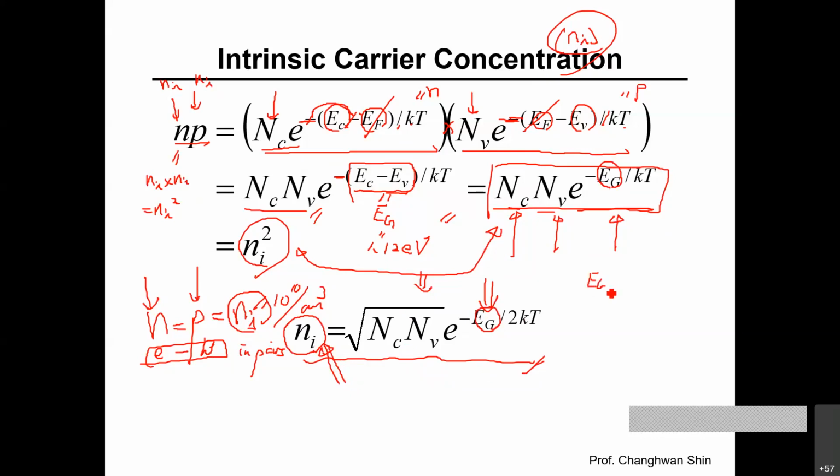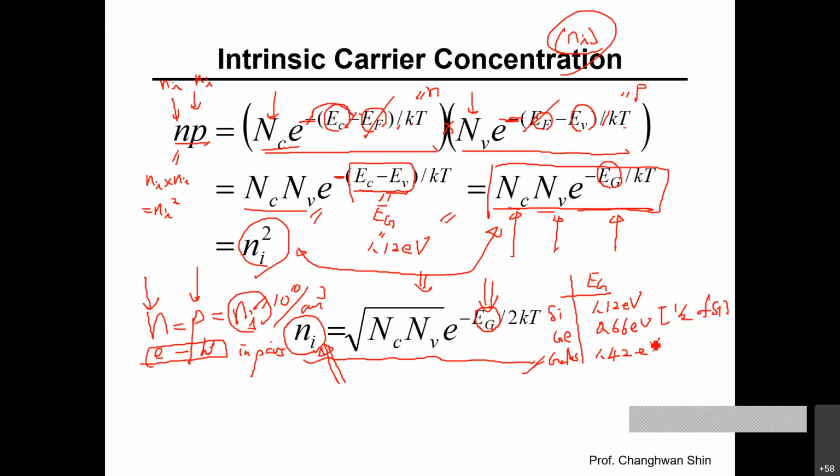For example, let's write down the bandgap energy for a few representative semiconductor materials. Silicon is 1.12 electron volt, germanium is 0.66 electron volt, which is kind of one half of silicon. Gallium arsenide is 1.42 electron volt.